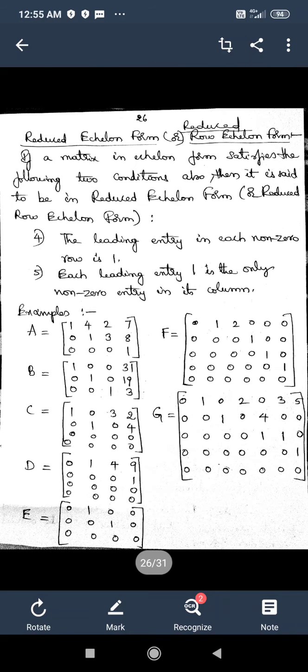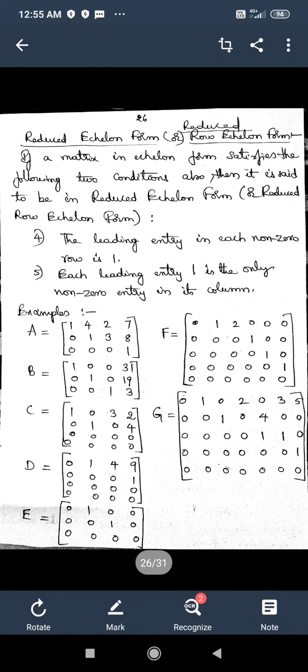So next, a matrix is said to be in reduced echelon form or reduced row echelon form if it satisfies, along with those three conditions, two more conditions.